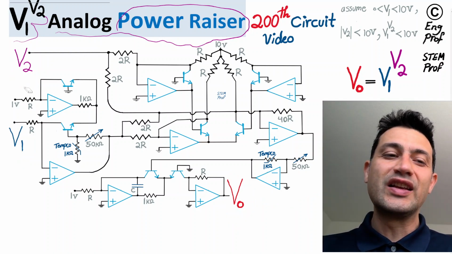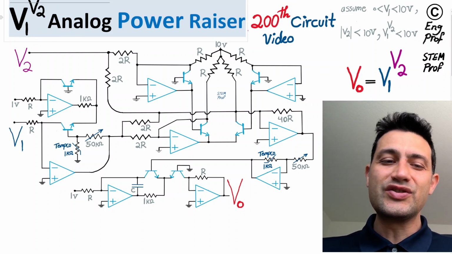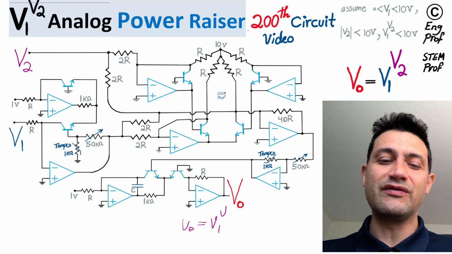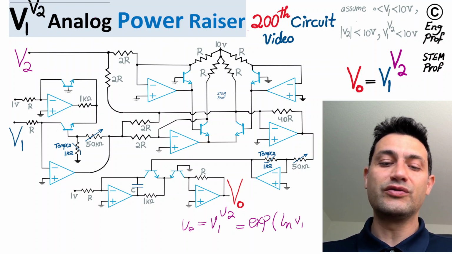With that said, the idea is actually simple. Contrary to the look of the circuit, it is simply utilizing a trick that says, okay, if we are looking to compute, let's say, Vout in this analog computer as V1 to the power V2, what if we say this is equal to exp of, or antilog of, natural log of V1 to the power V2?